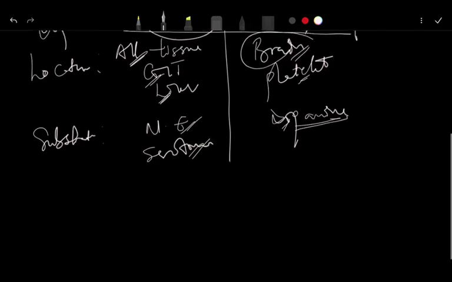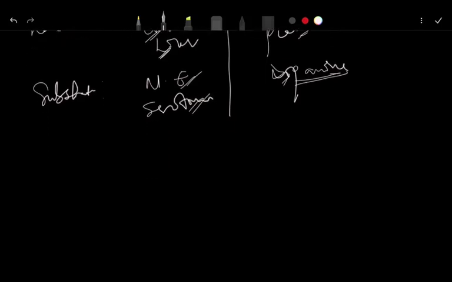Alright, so the MAO inhibitors class of medication is divided into three.